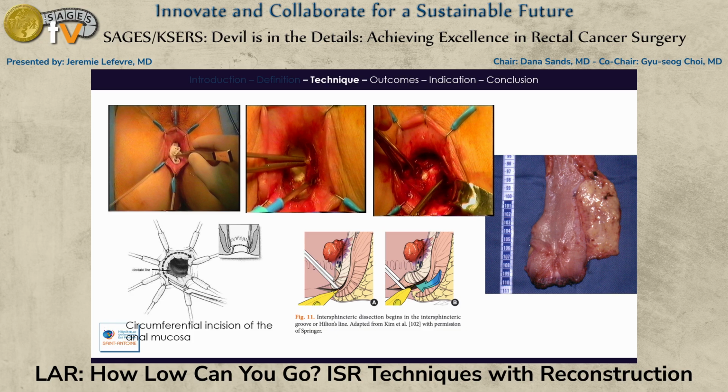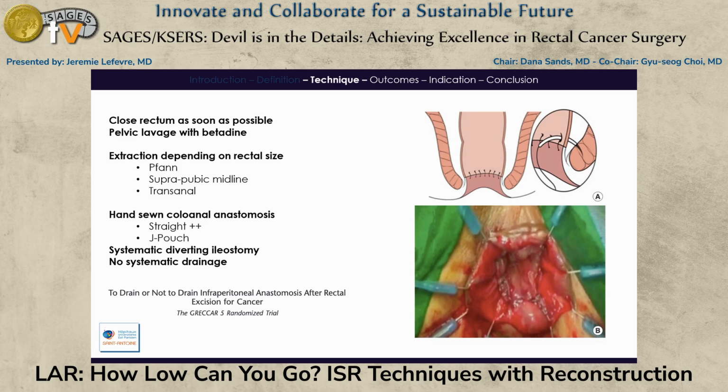Of course, you will need a complete pathological exam of the specimen. Some key points: you need to close the rectal stump as soon as possible, and I often use a pelvic lavage with betadine to kill possible tumoral cells in the pelvis and reduce the risk of recurrence.